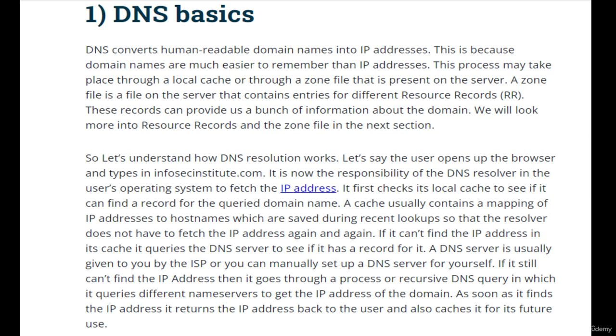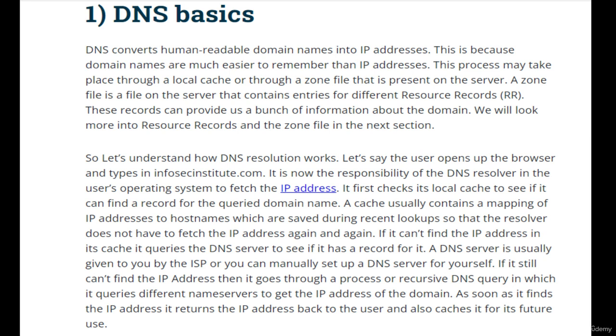If it can't find the IP address in its cache, it queries the DNS server to see if it has a record for it. A DNS server is usually given to you by the ISP. You can manually set up a DNS server for yourself.